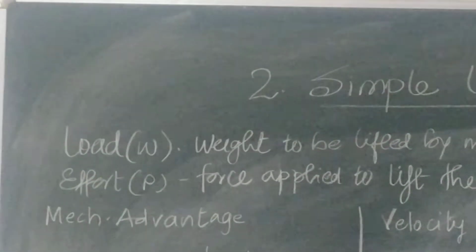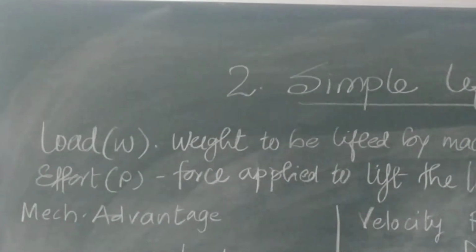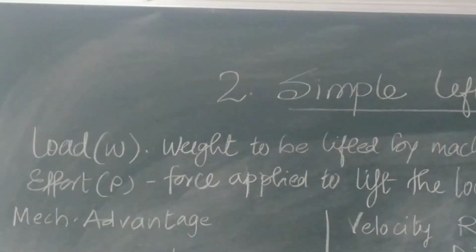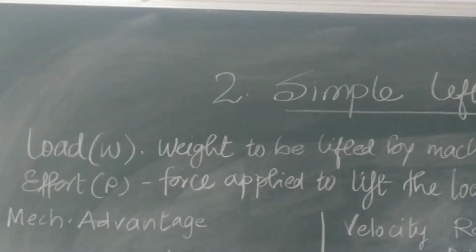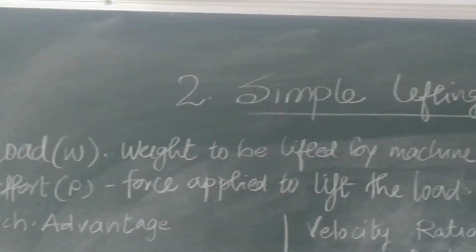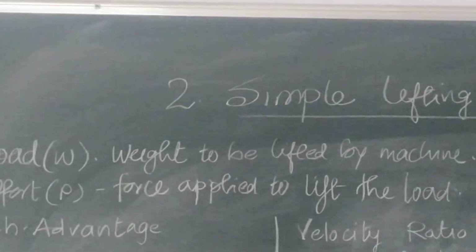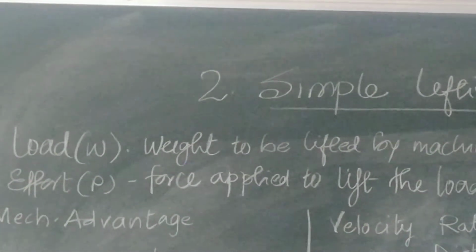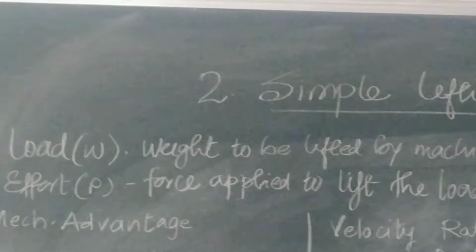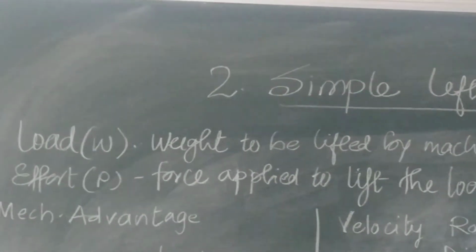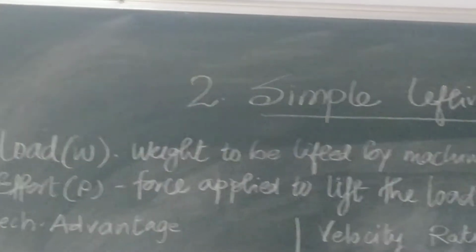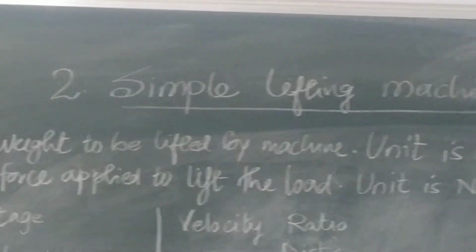Load, which is denoted by small w or capital W in the English alphabet. Weight to be lifted by a machine is known as load. It is also defined as resistance offered by the machine, but let us simply define this load: weight to be lifted by a machine is known as load.